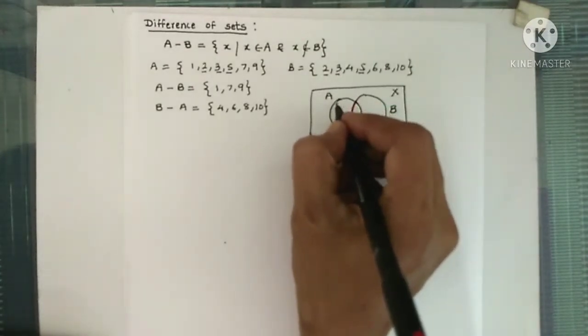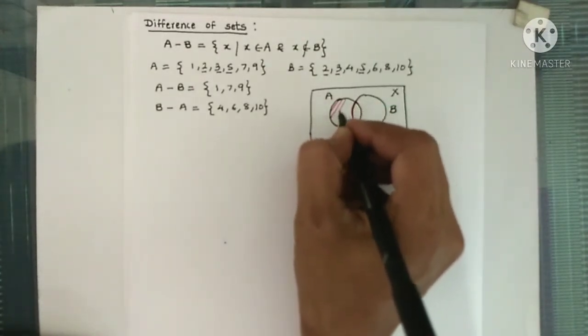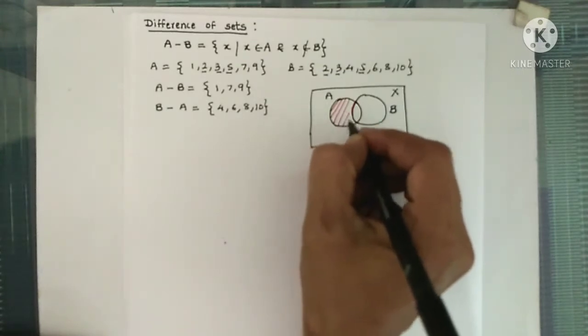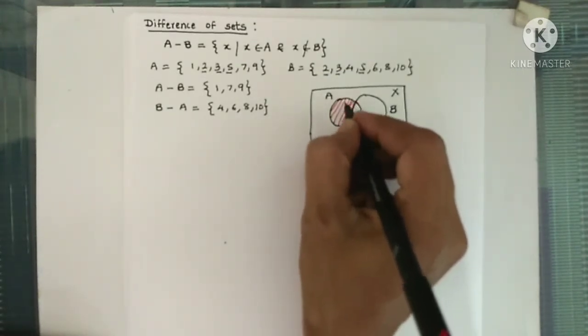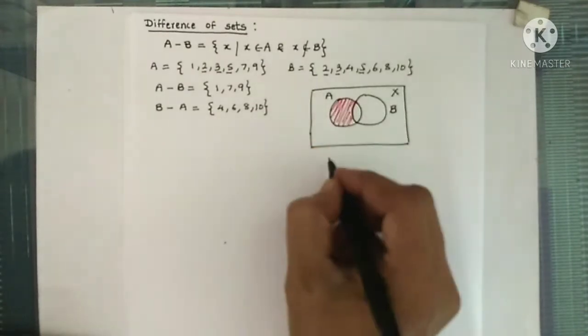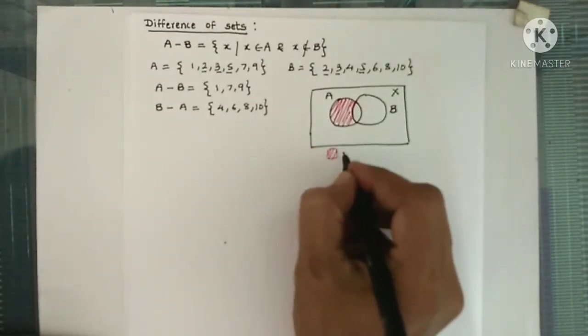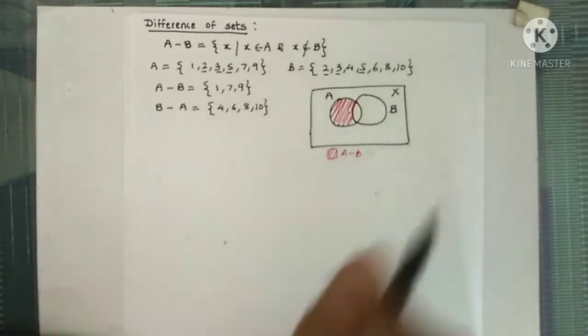So the remaining part of A, this is A minus B. The shaded portion is part of A and we are not considering A intersection B. So this portion is A minus B.